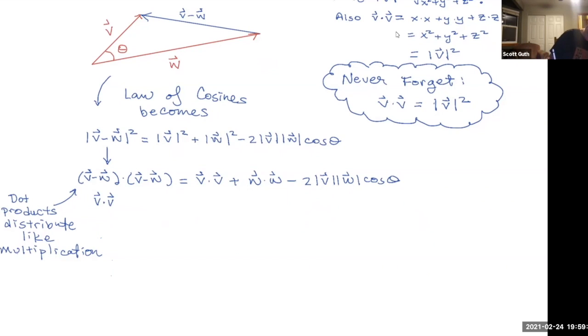So you can say V dot V minus a V dot W, and then minus a W dot V, and then it would be plus W dot W. And then this would be equal to, on the other side, V dot V plus W dot W minus 2 magnitude of V, magnitude of W, cosine of the angle that separates them.